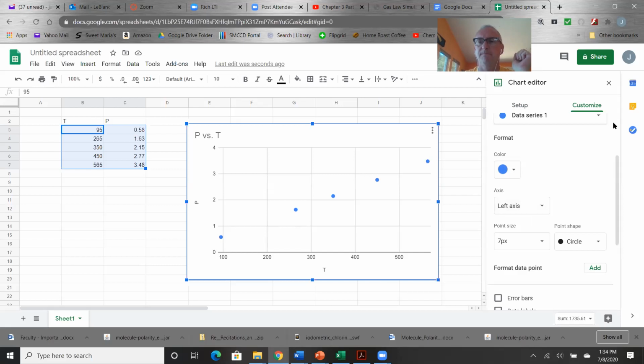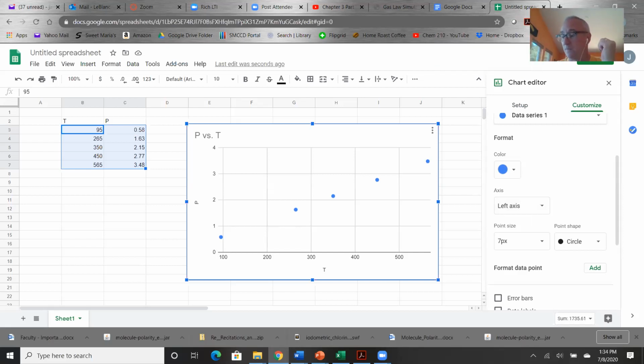Are we doing the second graph as well for Gay-Lussac? You're going to be doing four graphs. And I think maybe one of them even has two, because one of them suggests you change the gas. I think it was the one that we just did, right? That had two.